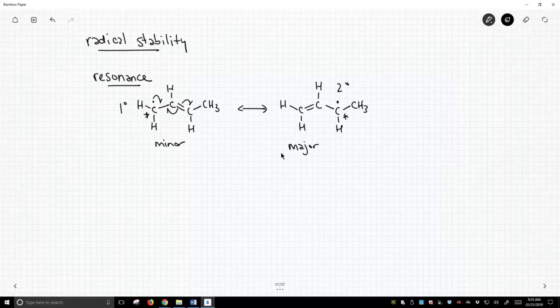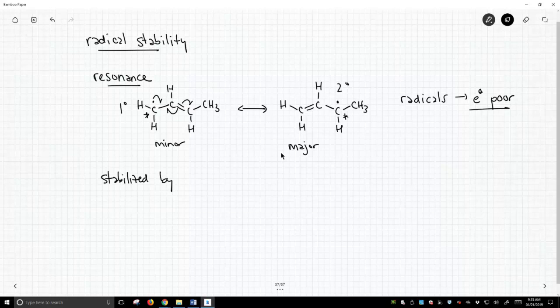How else can we look at radical stability? Well, I said earlier radicals are generally considered to be electron poor, because they don't have a full octet. Here's a weird thing about radicals. Radicals are stabilized by electron donating groups.